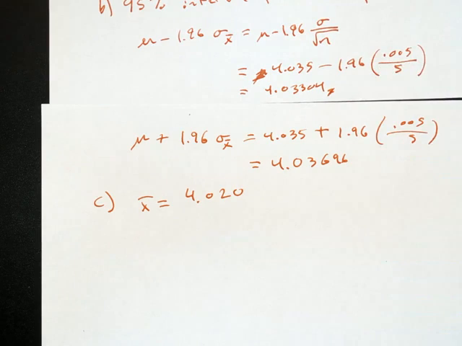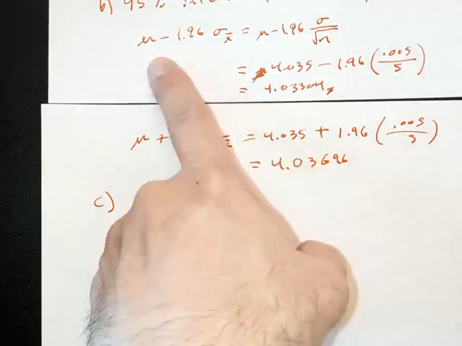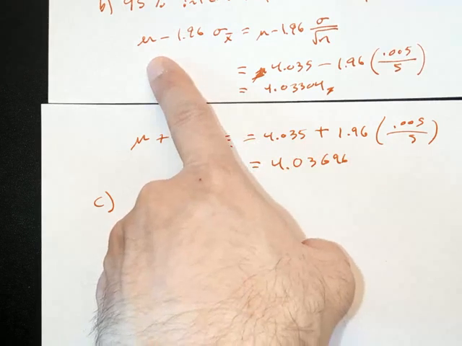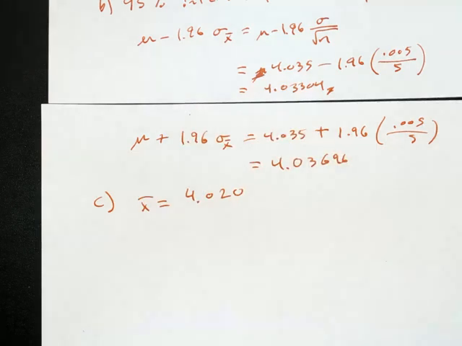That's way too small of an average. Stop. Either my bushings are being made at the wrong size, or this number, 4.035, is wrong. But this is an indicator to me. That is way too far outside this region for me to be confident that I got something right. This is a problem.